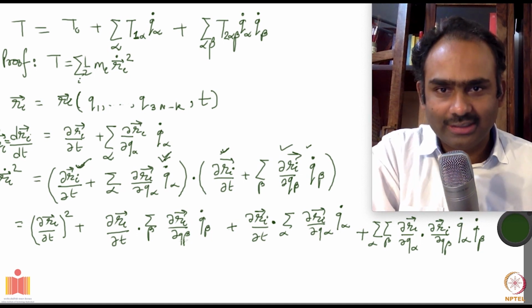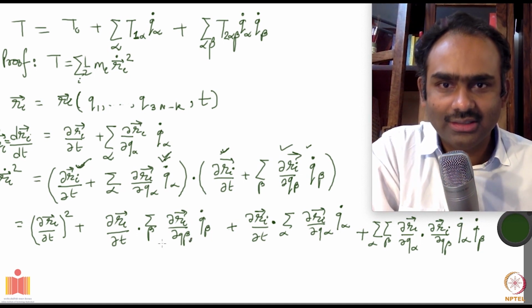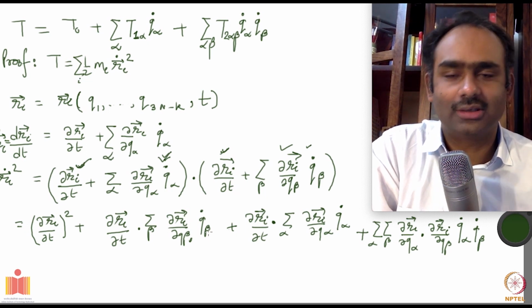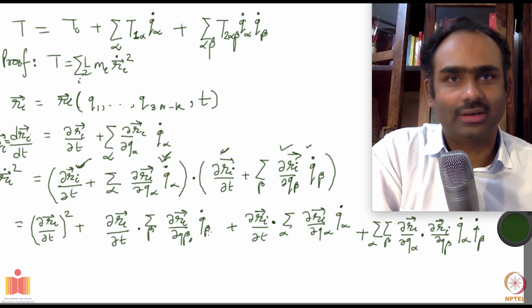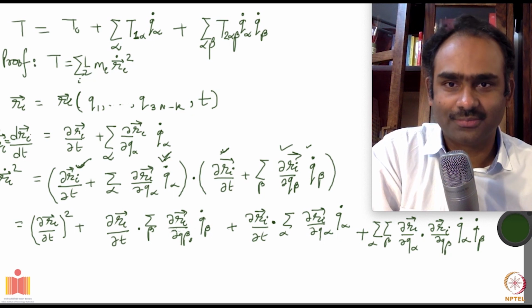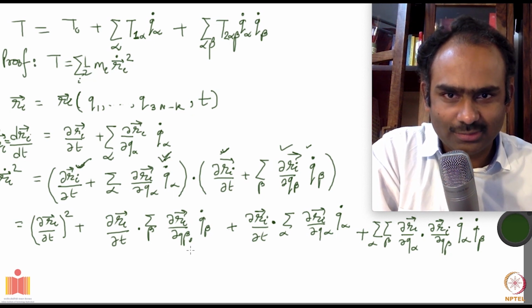Now what I was saying earlier was that this beta here can be replaced by alpha. It doesn't matter, right? You're just summing over all the coordinates and multiplying with the corresponding velocities. So I will replace this beta by alpha.